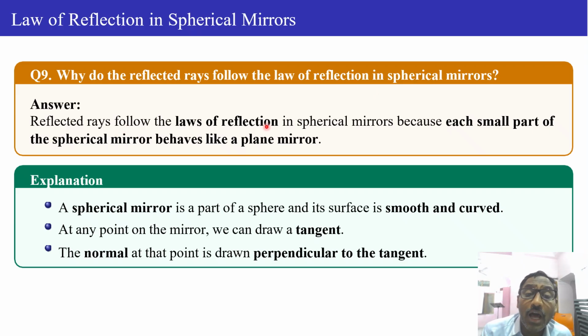Reflected rays follow the laws of reflection in spherical mirrors because each small part of the spherical mirror behaves like a plane mirror.